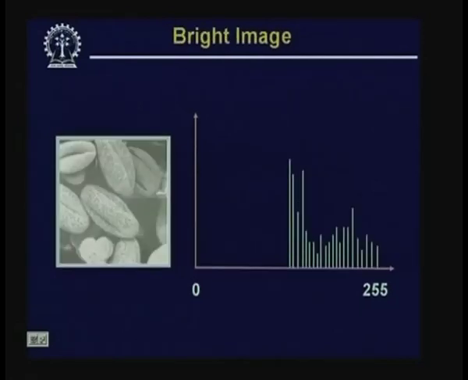Then the second one that we have shown is a bright image or a light image, and again from this histogram you find that most of the pixels in this particular image have intensity values which are near the maximum value, that is 255 in this particular case. Since all the images in our application are quantized, where every pixel is quantized with 8 bits, the intensity levels will vary from 0 to 255.